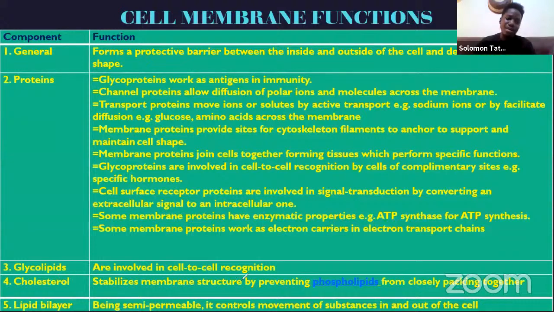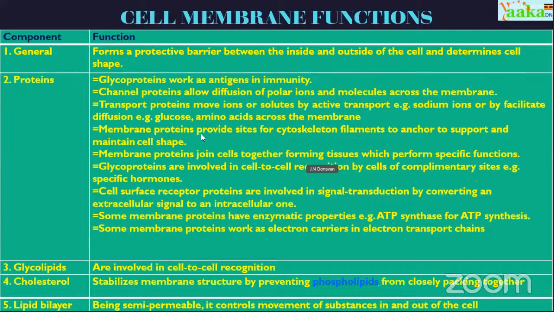Cholesterol stabilizes the membrane structure by preventing phospholipids from packing closely together. And the bilayer, which is semi-permeable, controls the movement of substances in and out of the cell. So that's the description and the function of the cell membrane.